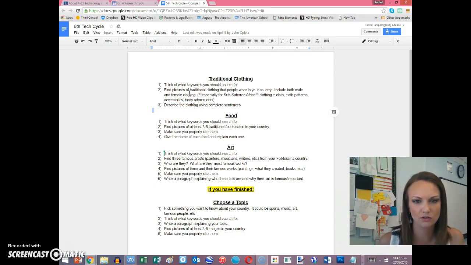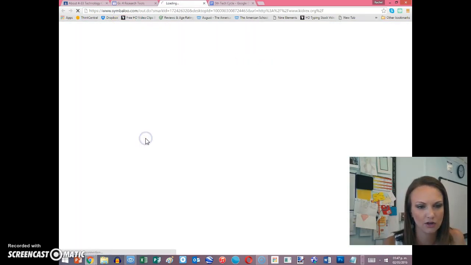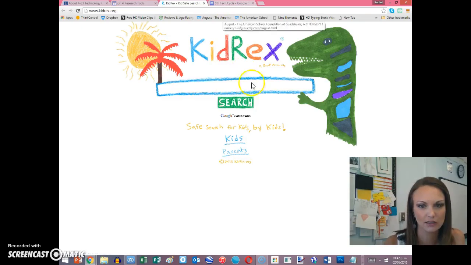You can also see if there's any specific patterns or accessories that are needed or that are traditional as well. But traditional is the key word here. So when you are researching, you're going to go in, try to find traditional clothing for the country you're researching.